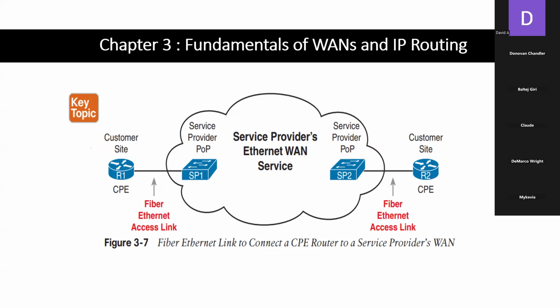I know from memory that copper has a restriction of 100 meters. So we couldn't use copper or Ethernet technologies for long distance, and we would have to use fiber to stretch out a local area network that's using copper past some kilometers.